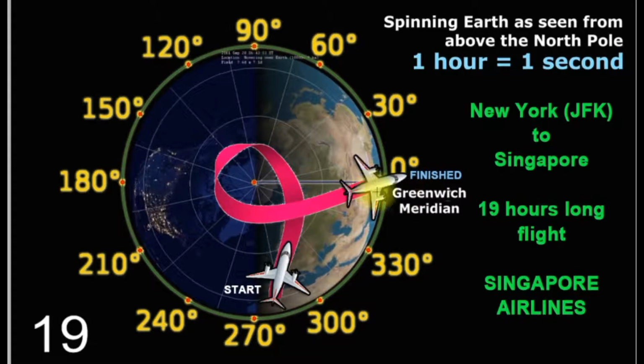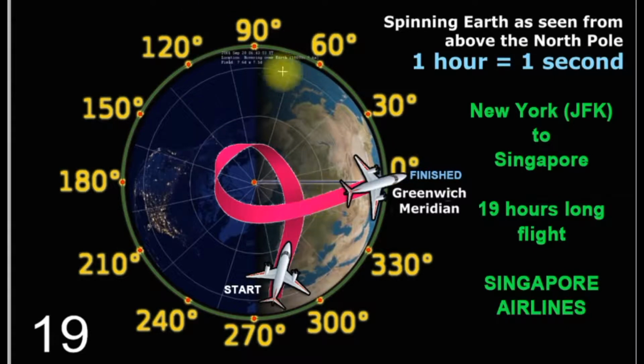This is how this flight would look on the rotating globe from the moment it started to the moment it landed in Singapore 19 hours later. It makes no sense, of course, on the spinning ball Earth, because Earth is not spinning. I just look at the flat Earth map and see how this flight really does look.